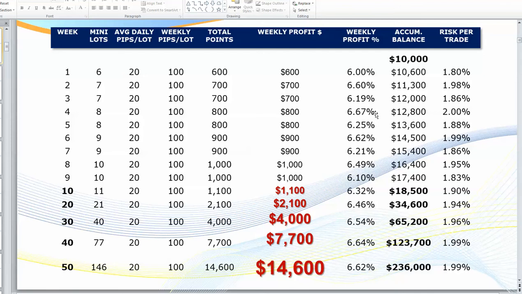Now, based upon a maximum of 2% risk per trade, by the way, generally speaking, I like to see you risk no more than 1% when you're starting off, maybe 2, but the smaller the better. But starting with 10 and you're trading minis based upon only 20 pips a day, or if you're trading futures $200 a day, you can see within a year you're earning $14,000 a week.